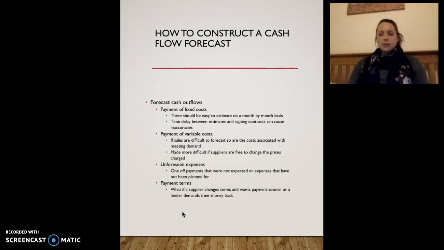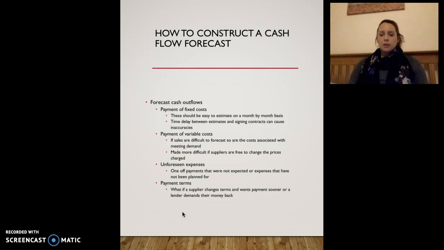So that's the inflows. Let's have a look at the outflows. So your forecast for your cash outflows, when it comes to your fixed costs, and remember these costs stay exactly the same. They're costs that if your business didn't incur, you couldn't operate. So if it's things like rent, for example, or your rates, or perhaps your vehicle, then you should be able to estimate these on a month-by-month basis, and they should be quite simple.